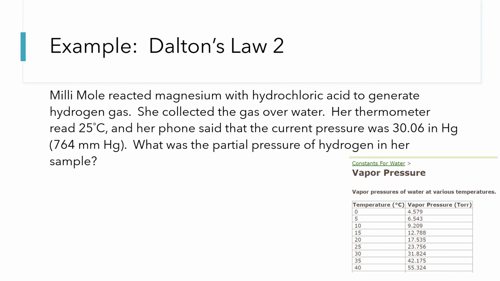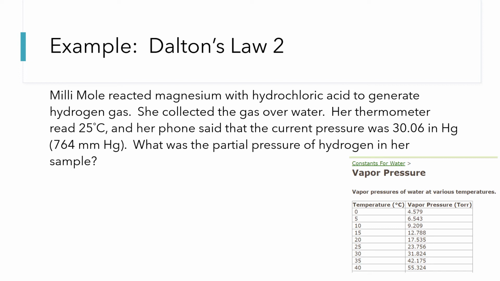But what she really needs to know is the partial pressure of hydrogen, because that's telling her how much hydrogen gas she generated and was collected in her apparatus. But the gas that she collected is actually a mixture of hydrogen and water because of that water vapor that evaporated as part of the experimental process.